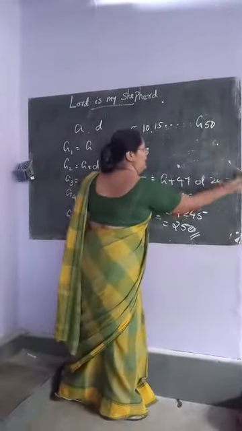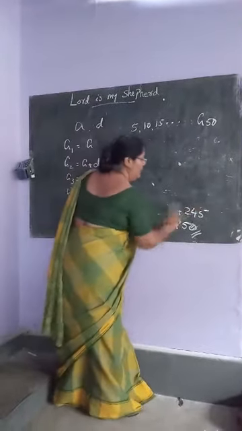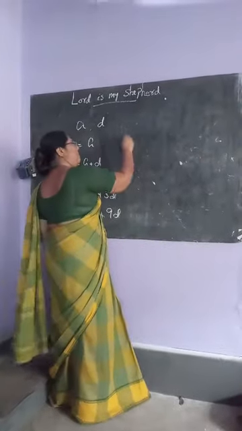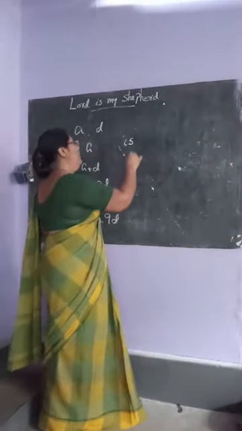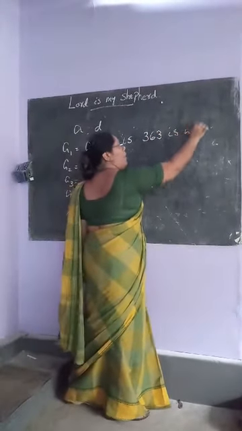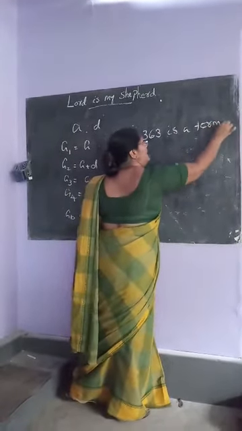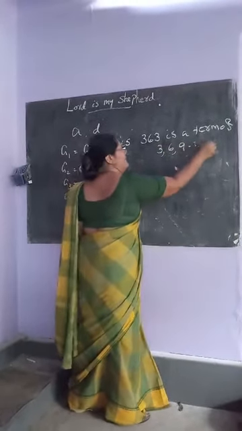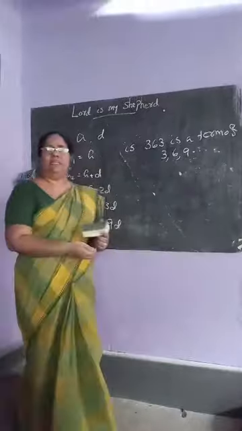The second type of question is: is 363 a term of 3, 6, 9, etc.? The second type of problem is this.